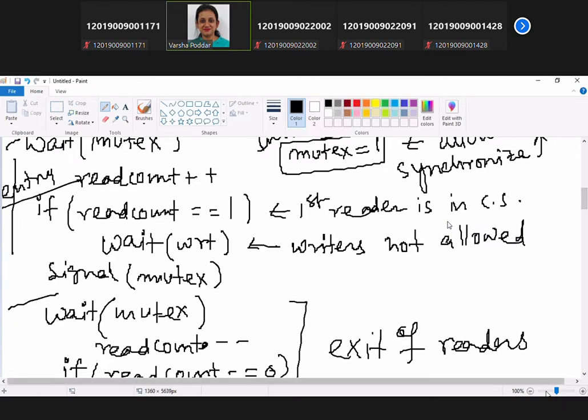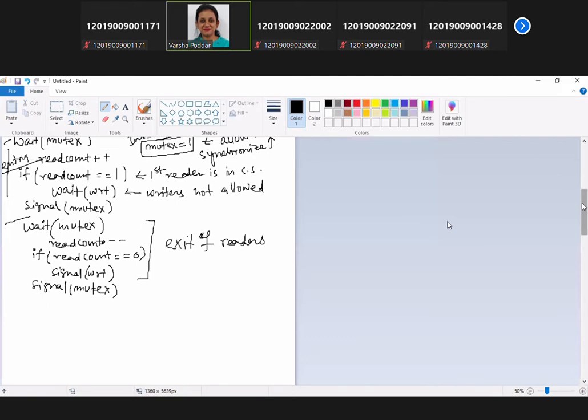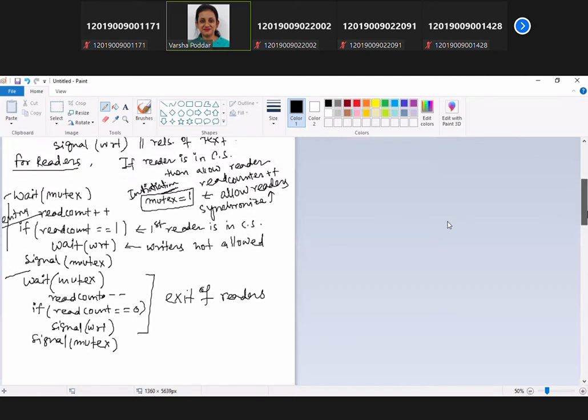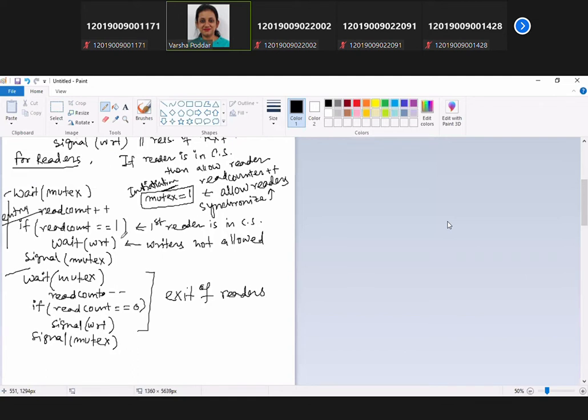Now understand what I am trying to do. Read count is initially 0. When the first reader is entering, that means mutex wait, so I am doing read count plus plus. If it was 0, it is 1 now. That means at least one reader is inside. So if one reader is inside, I can do anything with the readers, but writers need to be prohibited.